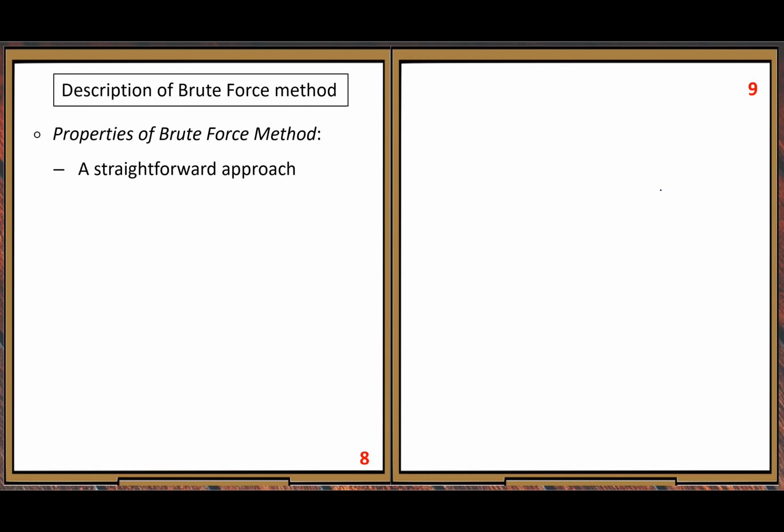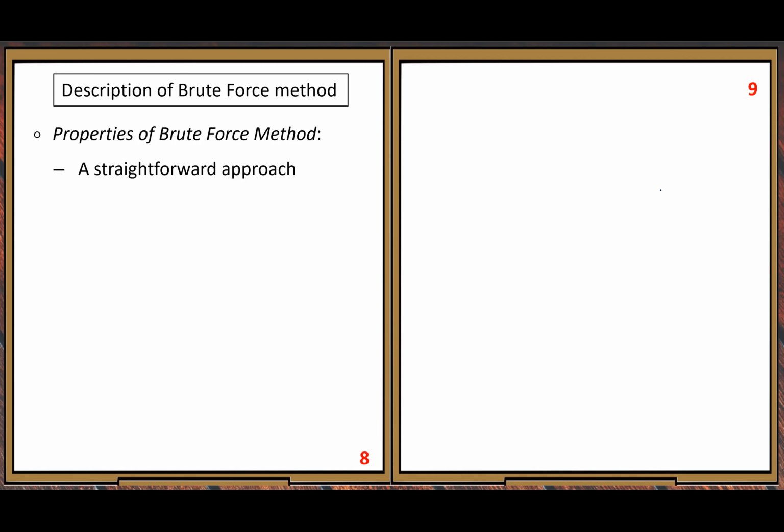So it's a straightforward approach. Usually people, especially when they do not have any idea, when they work on a computing problem, some problem relatively hard at the beginning, they may not have any good idea.